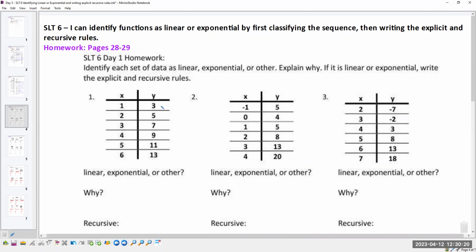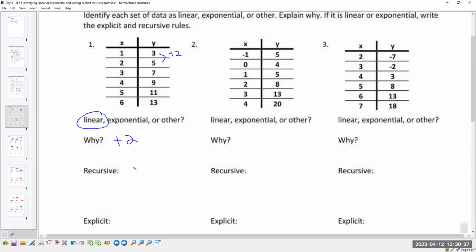All right, hopefully you've tried this on your own. And number 1, I can tell, is a +2 pattern, making it linear. I'm just going +2. All right. So now the recursive rule, I'm going to start with that f of 1 equals 3. And then to find the next term, I'm going to take the previous term and add 2.